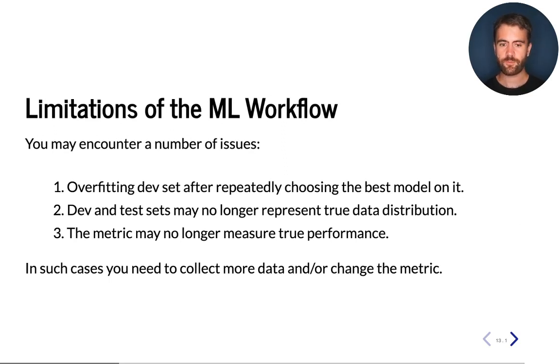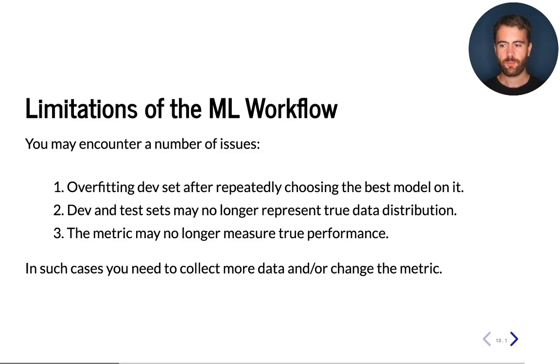Finally, this entire workflow is not without some limitations. As I mentioned, overfitting the dev set is a problem that we may run into. Also, in the real world, once the model is running and receiving real inputs, often the kinds of inputs that users feed to the model change.